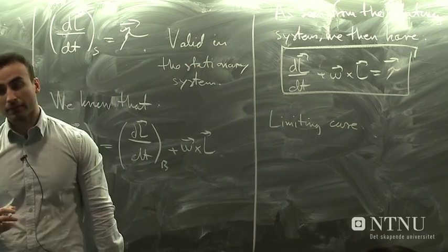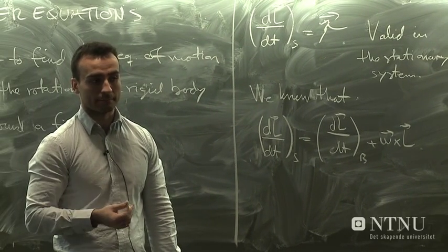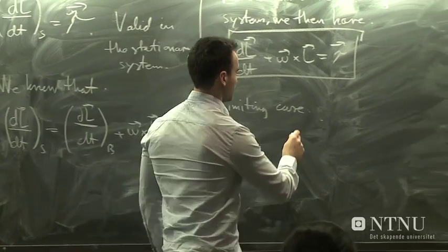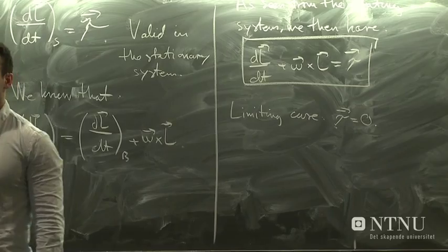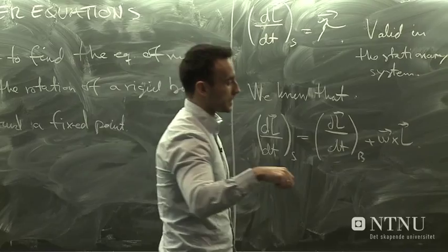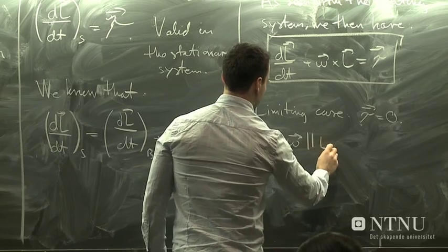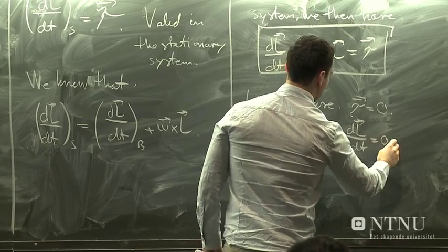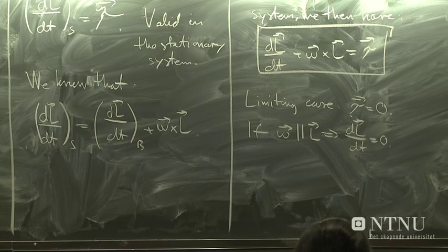As an important limiting case, consider the scenario where there is no torque acting on the body. So we have a freely rotating system. Now, if we have a rotating system and we are positioned in the rotating system, we see that the angular momentum, as seen in the rotating system, will be conserved.